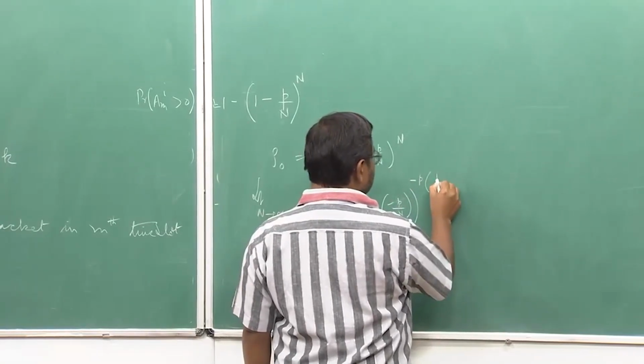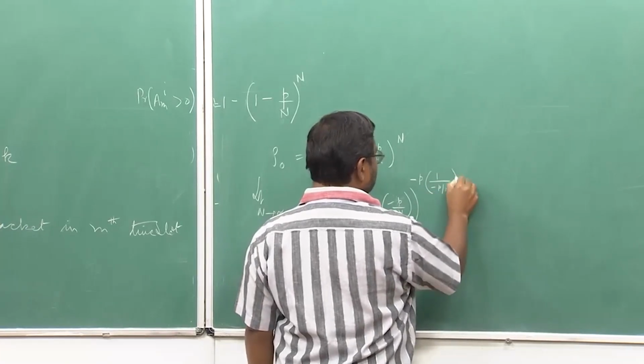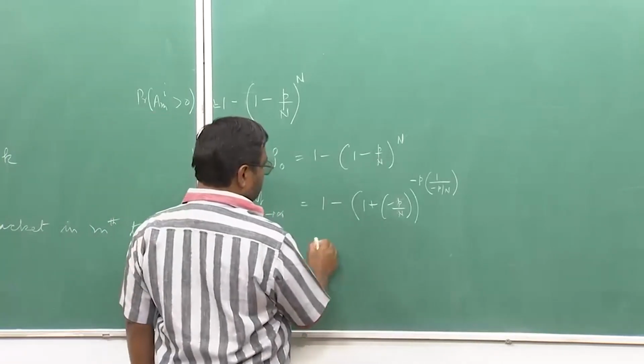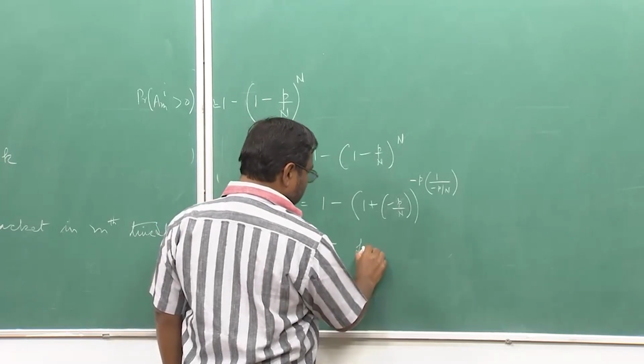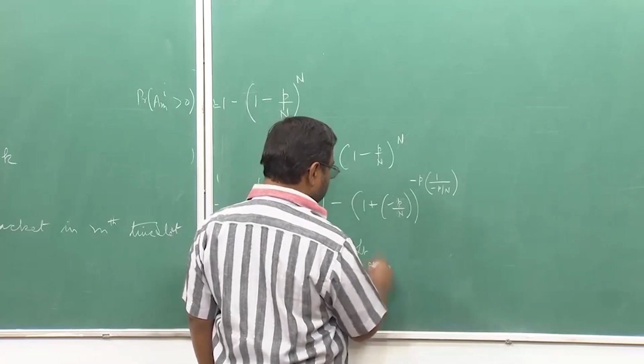So, I can write here, 1 plus minus p by n, raised to the power of 1 over minus p by n, times minus p. So, this can be written as the limit where p by n goes to 0.